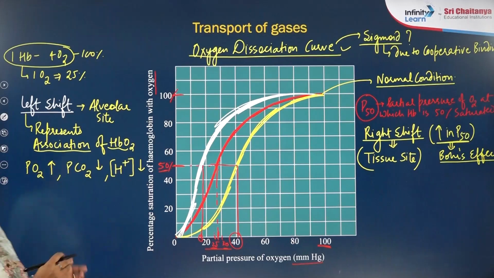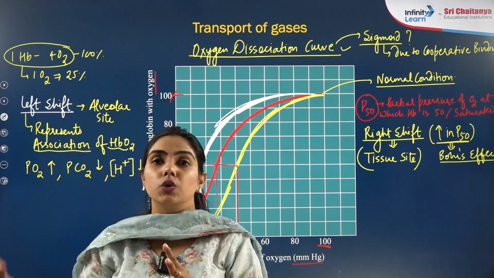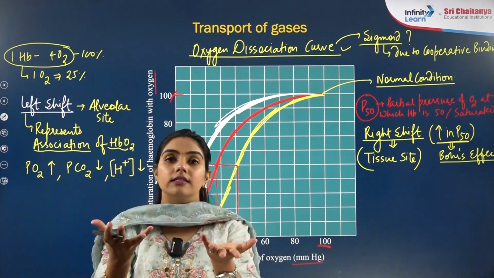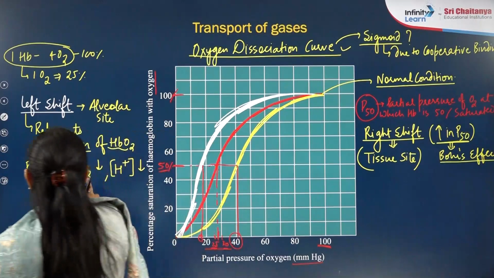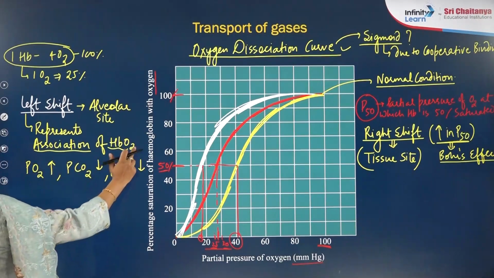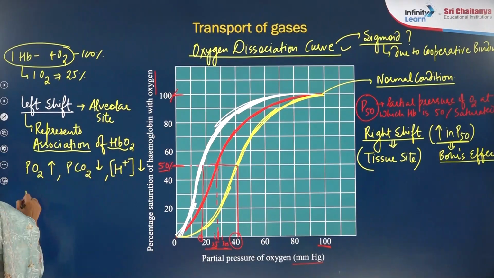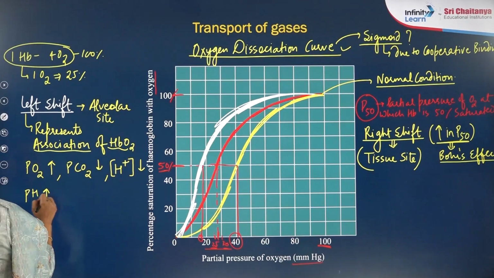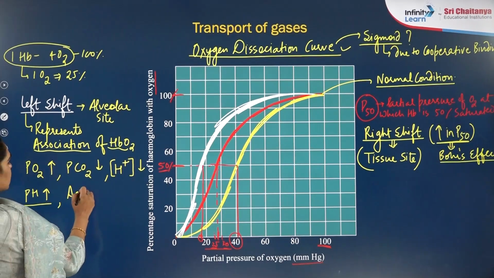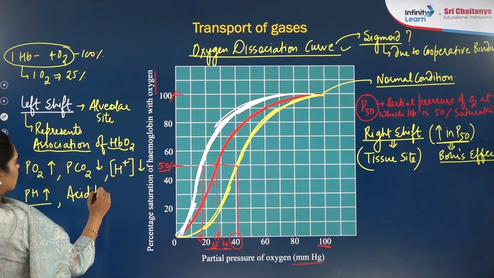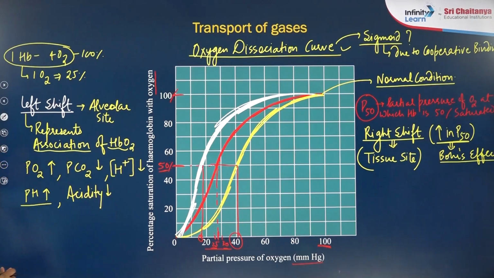You have seen in the transport of carbon dioxide that when CO2 is coming into the blood, there is release of H plus in the blood, right? So CO2 is less, H plus is also less. If H plus is less, then pH will be more. If pH is more, that means it is not acidic. Acidity is also less, right?